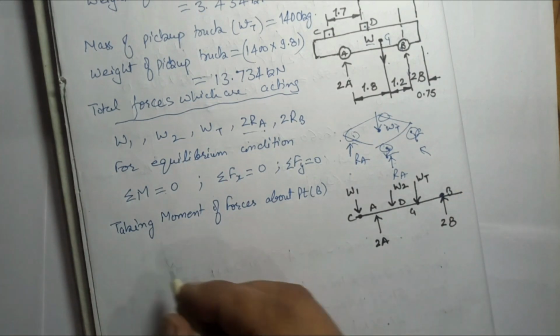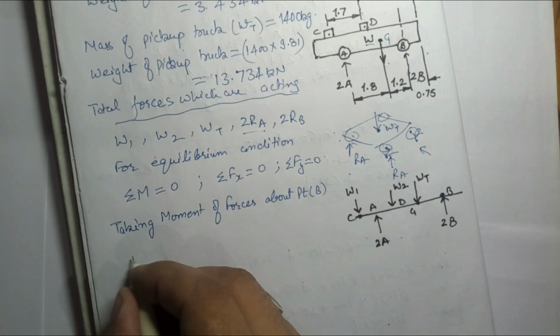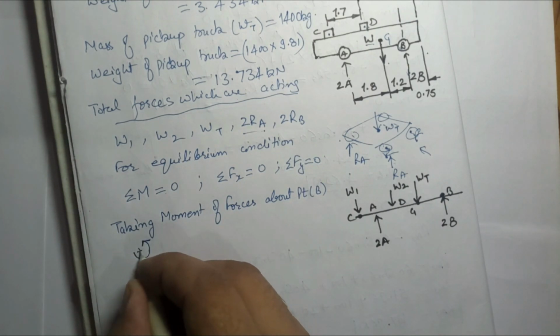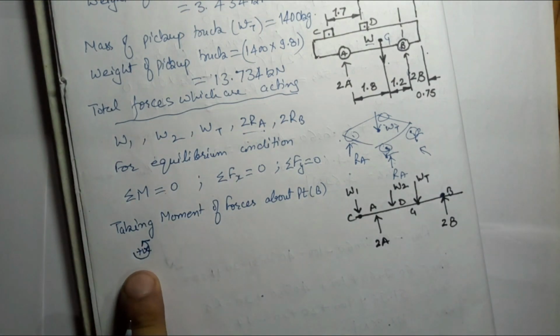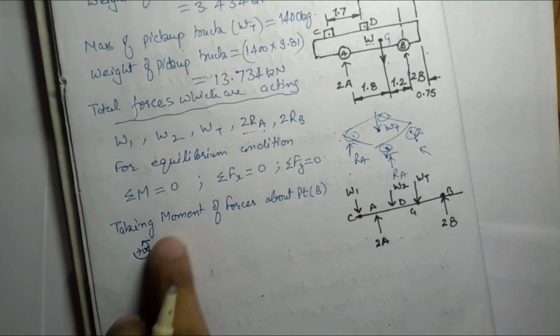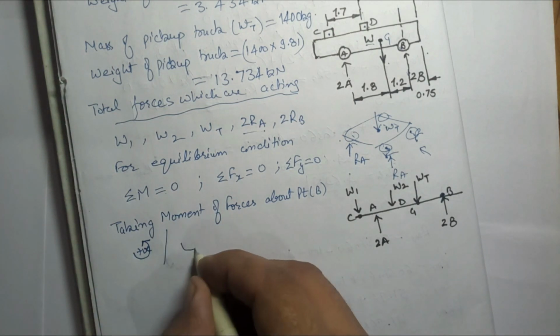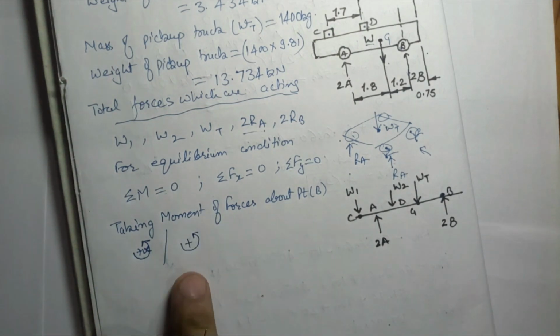First of all we have to assume, let's say I have taken anti-clockwise positive. So this is the way to represent anti-clockwise positive. I have made an anti-clockwise sign and a plus sign inside that, or simply you can make it like this, anti-clockwise and only plus. So it represents that anti-clockwise positive is considered.